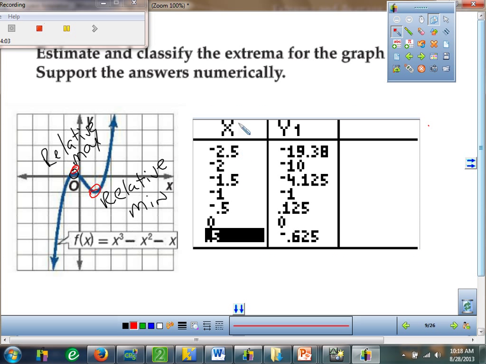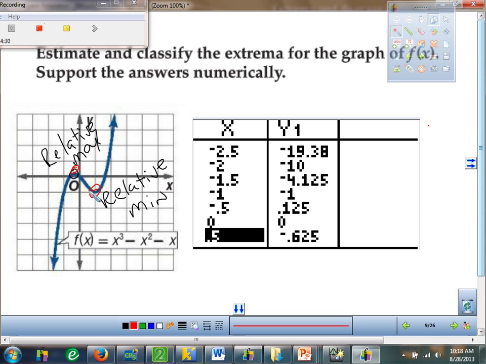You'll notice as x is becoming more positive, going towards 0, our y's are getting larger and larger until we get to -0.5, which we hit at 1.25, and then after that at 0 we start to decrease again.